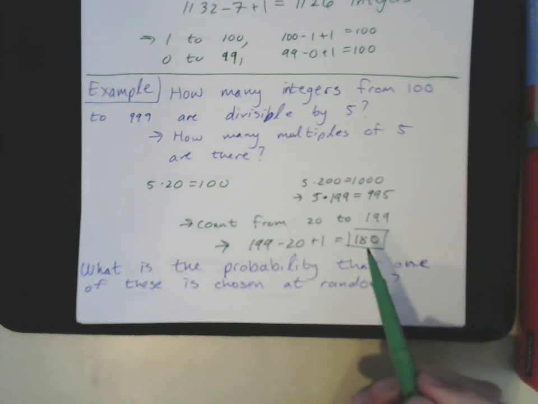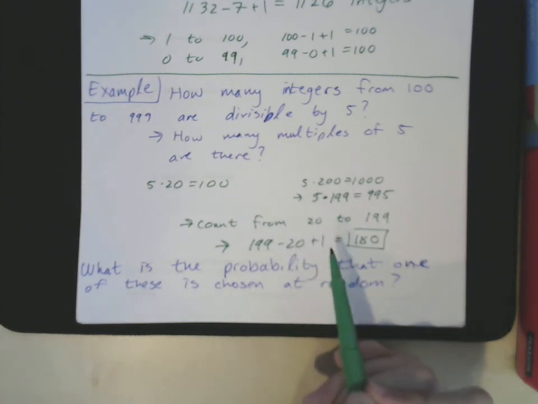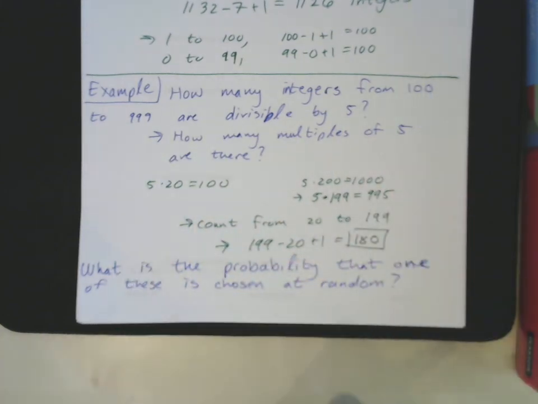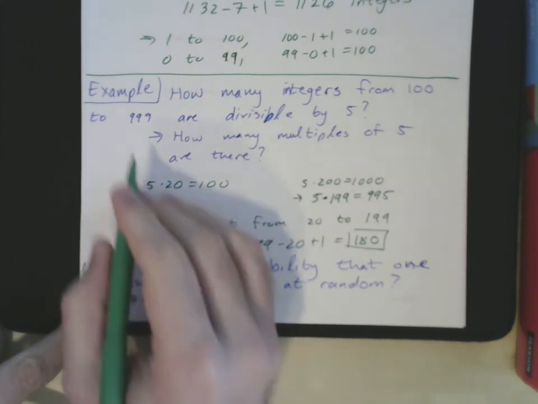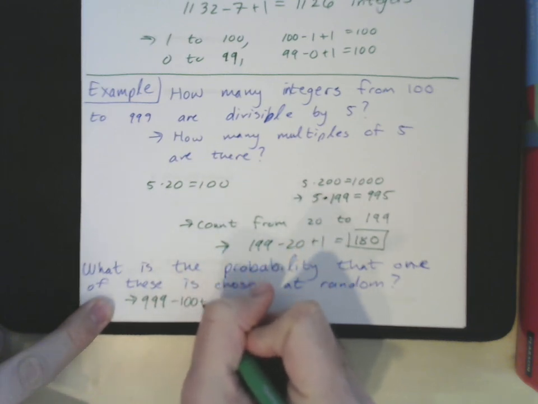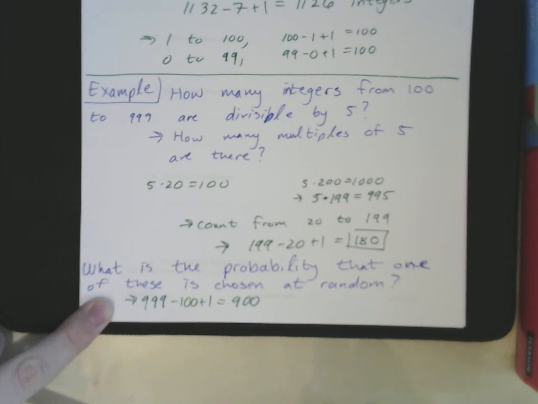So if we have 180 integers, essentially what we're saying is, what is the probability of the event that a number that's divisible by 5 is selected from all the integers from 100 to 999? So we need to know, first, how many total integers? 999 minus 100 plus 1, which is 900 integers.